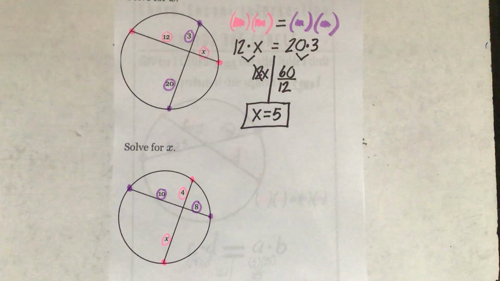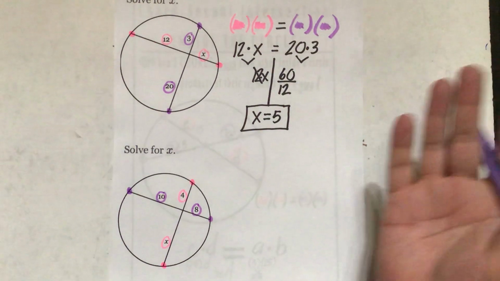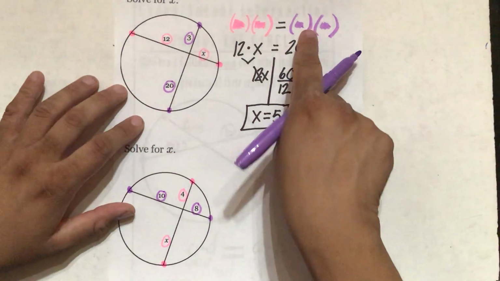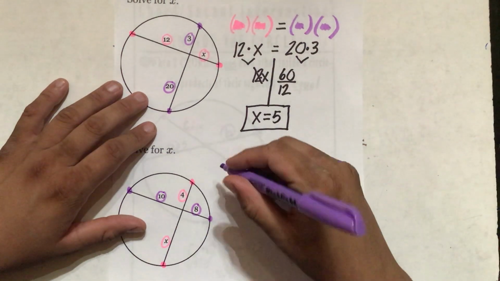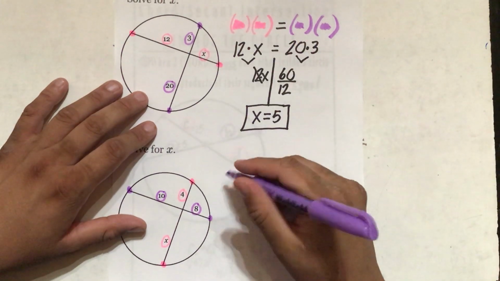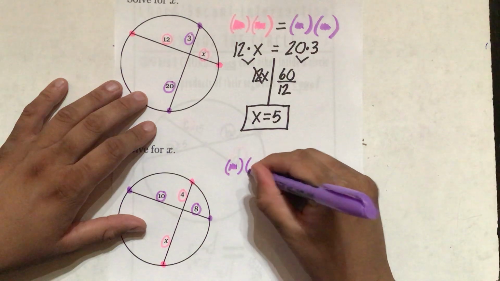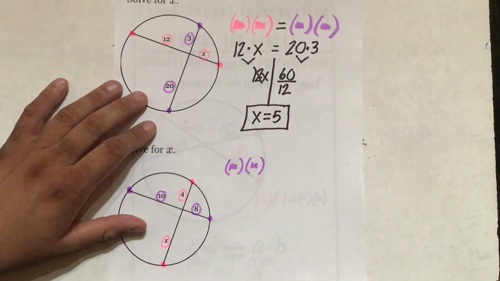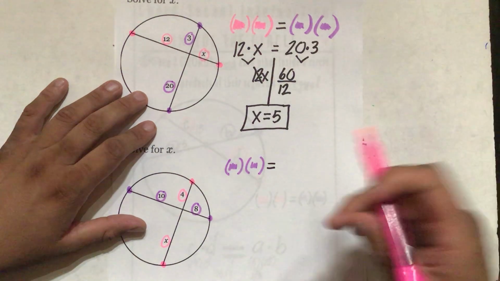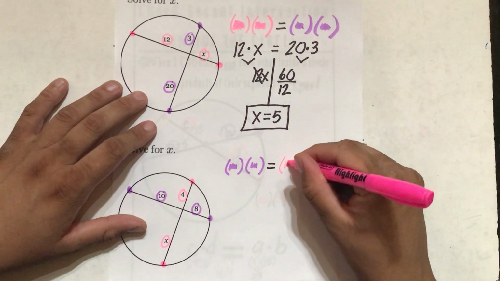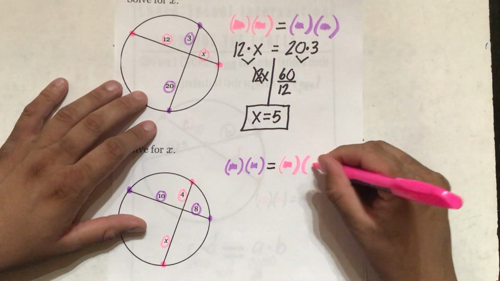So since this is equal, this is balanced. When this is balanced, that means that I can change the sides of these and it's the same. So instead of writing pink first, I'm going to write purple times purple is equal to pink times pink.